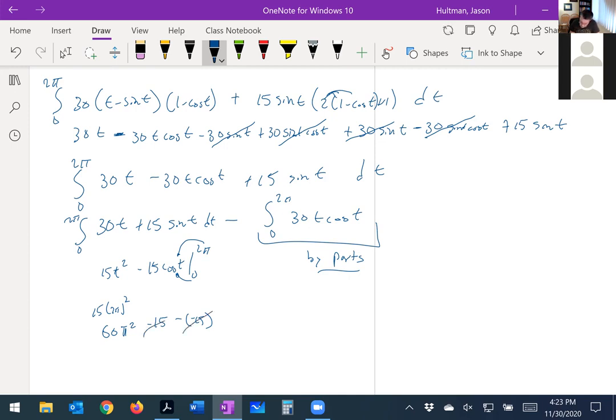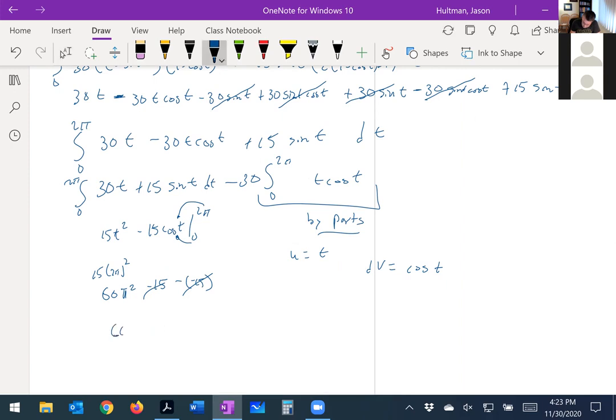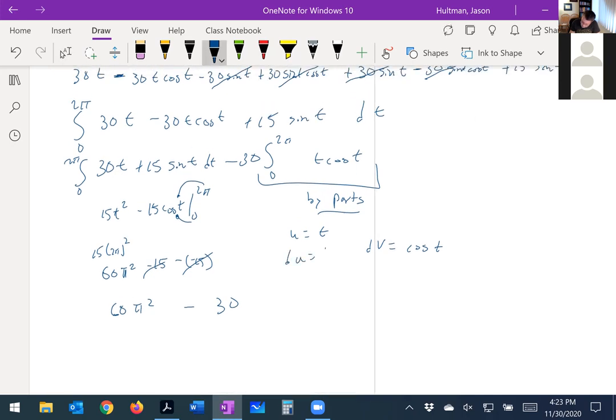So now let's do this thing by parts here. u is equal to t, dv is equal to cosine t, and you can pull out the 30 if you want. Maybe I'll pull out the 30. So this is going to be 60 pi squared minus 30 times, du is equal to dt, and v is equal to sine t.